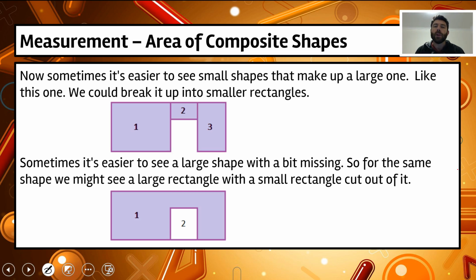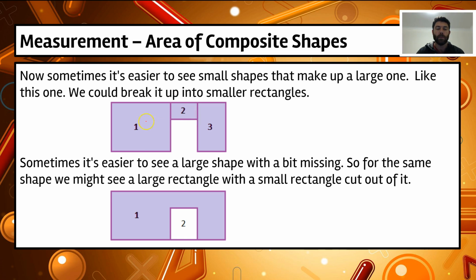Now, when we look at some composite shapes, sometimes how we see the actual breakup of that composite shape might be different. So you can see here, if we've got this shape, which is almost like a U shape, breaking that down into the smaller shapes for that shaded area, we can look at it two ways. Here we can break it down into rectangles.